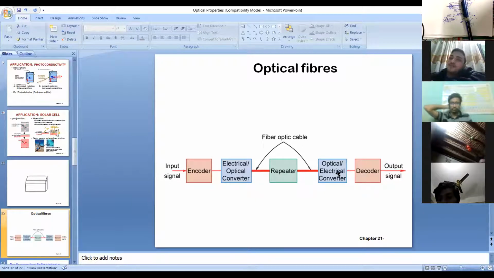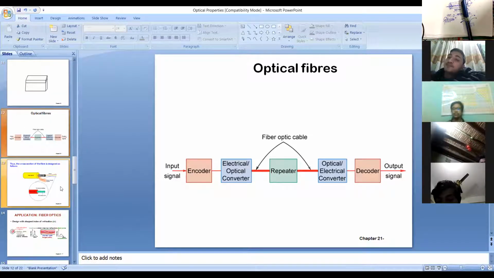Then it becomes again zeros and ones and it becomes W again. So this is the working principle of how we'll use the light for getting the information.